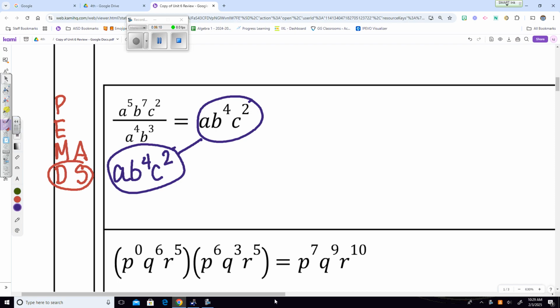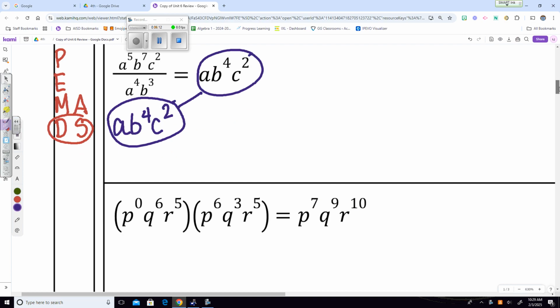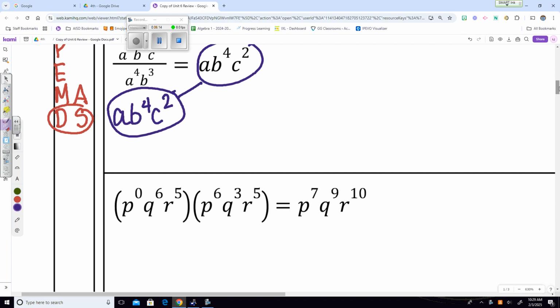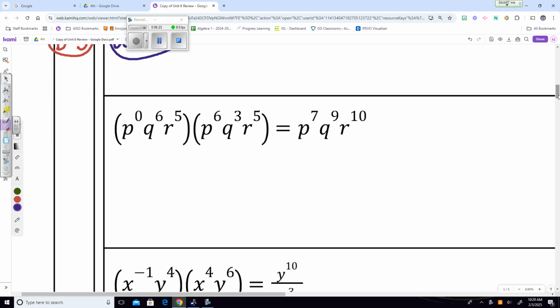So in the next one, it looks like we are multiplying. When we multiply, what do we do with those exponents? You add. Okay? So we have p's in the first monomial. Do you have them in the second monomial? Yes. What's 0 plus 6? 6.